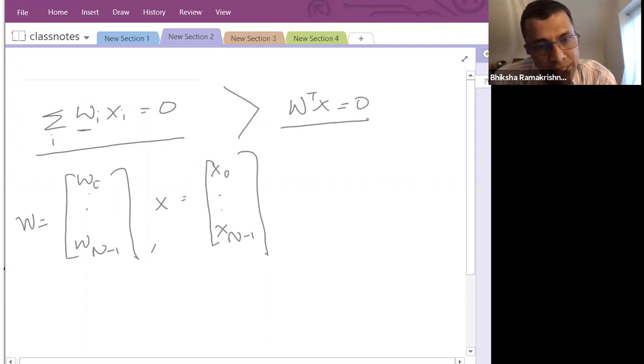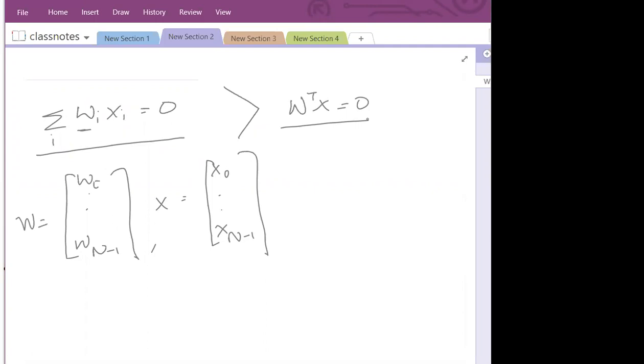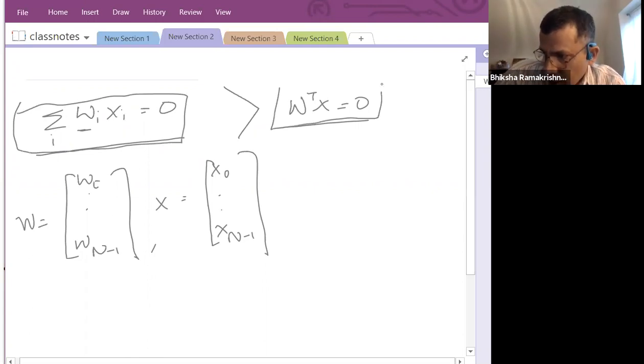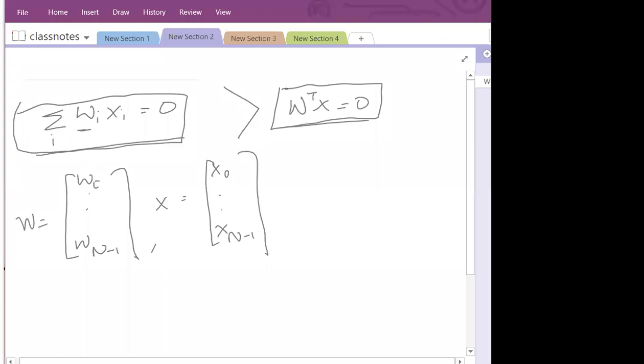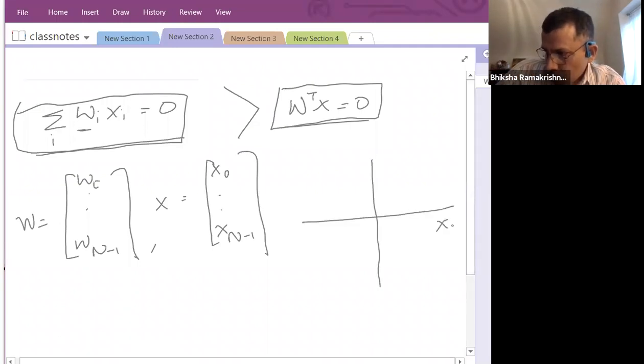What does this mean? What does this tell you about the relationship between w and x? Anyone? They are orthogonal, right? So this equation represents the set of all x's that are orthogonal to w. So suppose it's two-dimensional and I have an x1, x2 plane, and I have some w of this kind.